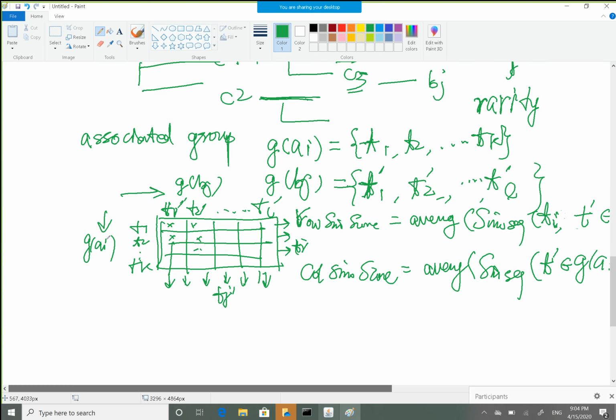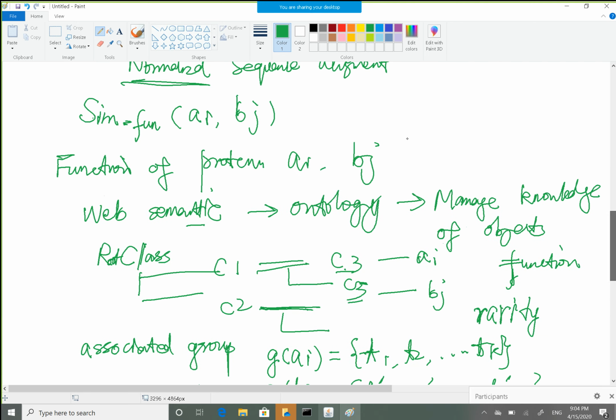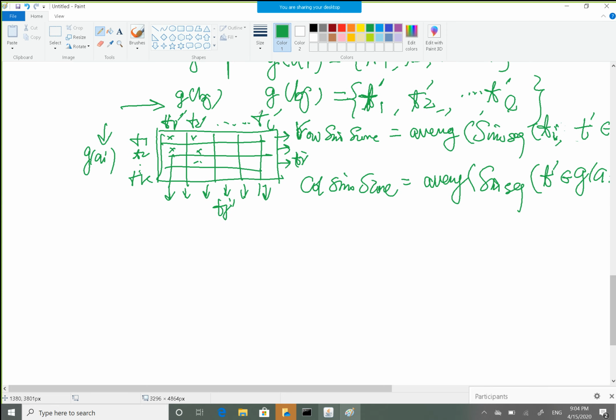When you check the functional similarity of proteins, you check the group similarity between the classes they belong to. AI belongs to C3 and BGI belongs to C5. The functional similarity of AI and BGI corresponds to the similarity of the classes they belong to. That makes sense, right? So this reduces to the similarity between C3 and C5, and this similarity score can be taken from here.